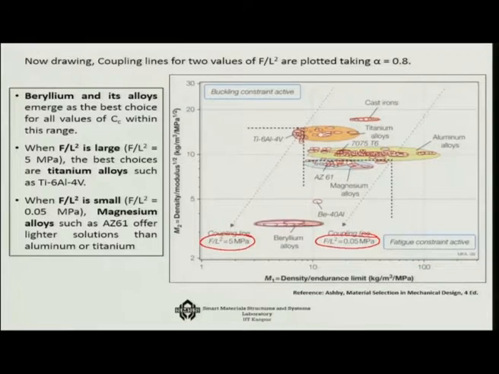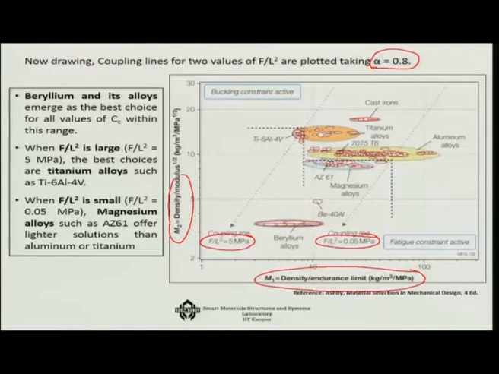And now the plot is such that, instead of working on each individual plot, we are now plotting M1 against M2. So M1 and M2, the material property indices, are coming into the picture directly. That means M1 equals some constant times M2, and that constant for two values of F by L square is plotted, considering alpha equals 0.8.